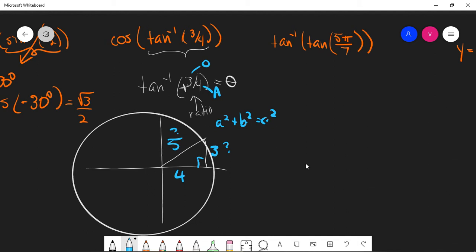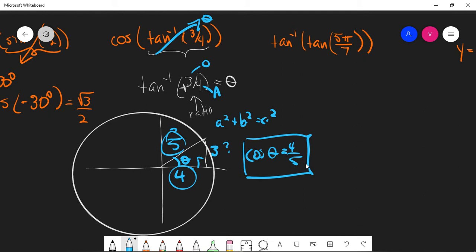So the inverse tangent of this ratio equals some angle, which we don't know without a calculator. So now you're doing the cosine, this whole thing goes away, that's that angle. The cosine of that angle that you just drew is adjacent over hypotenuse, or 4/5. And that's the answer to that one.